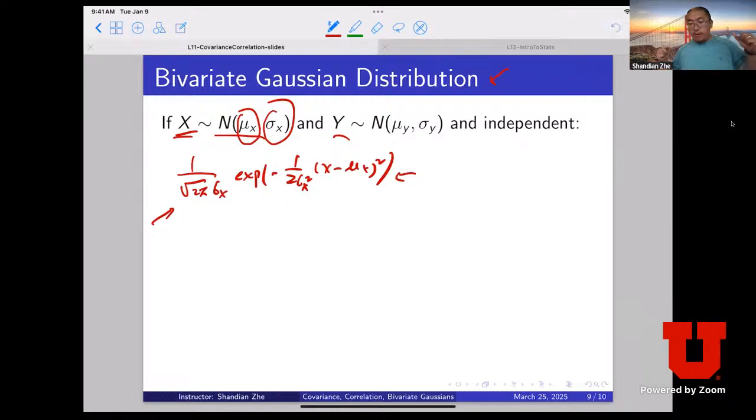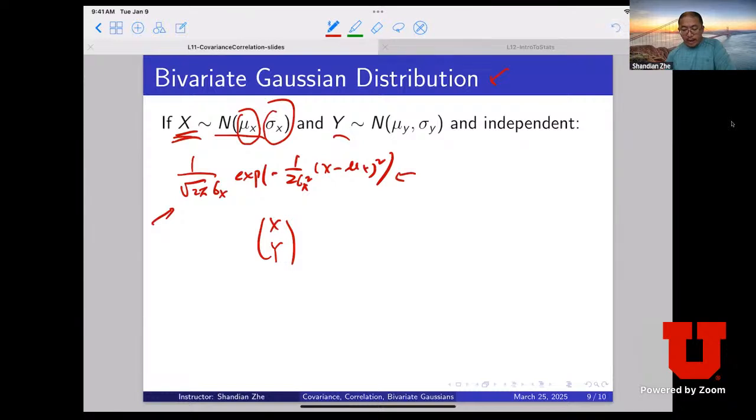But the Gaussian distribution can be extended to multiple variables, not just a single variable. If we have x and y, and we say this pair of random variables follows a Gaussian distribution, then this is a bivariate Gaussian distribution.